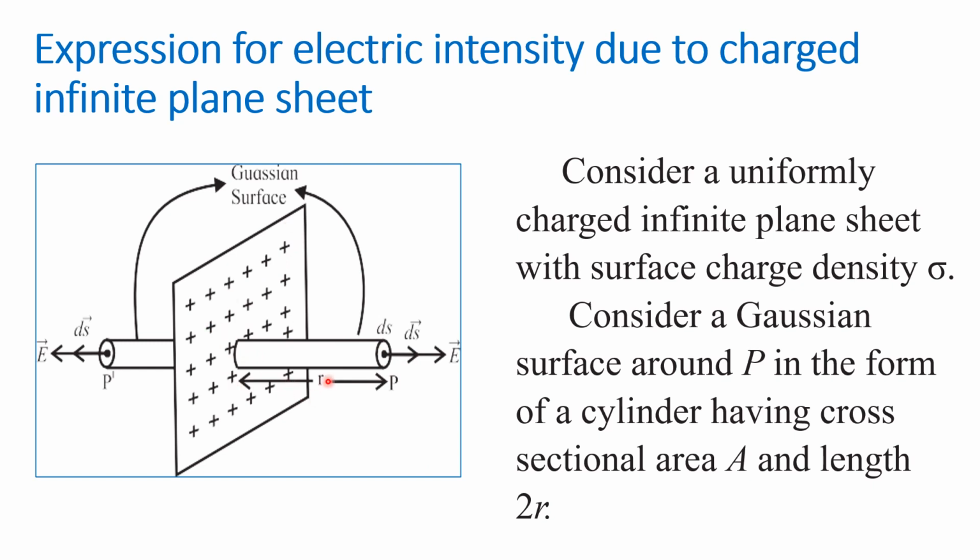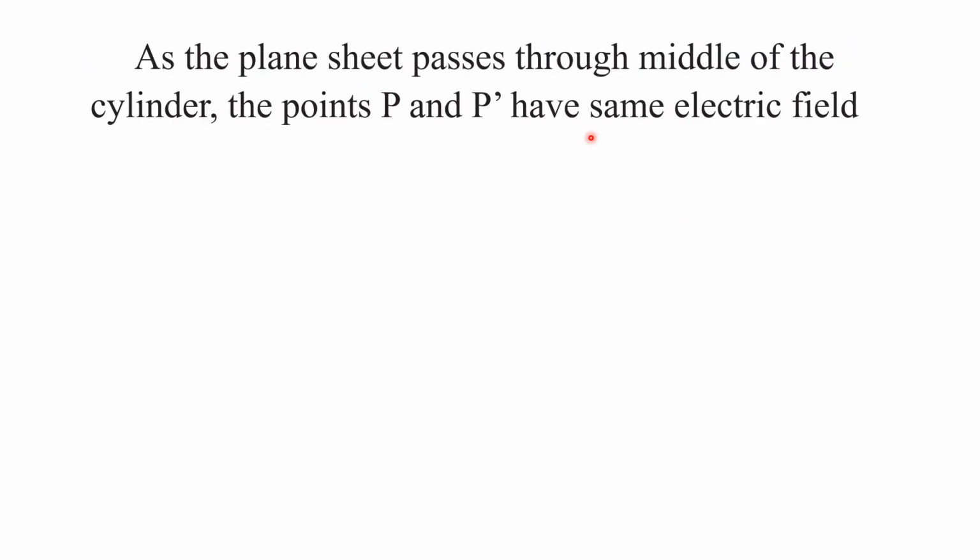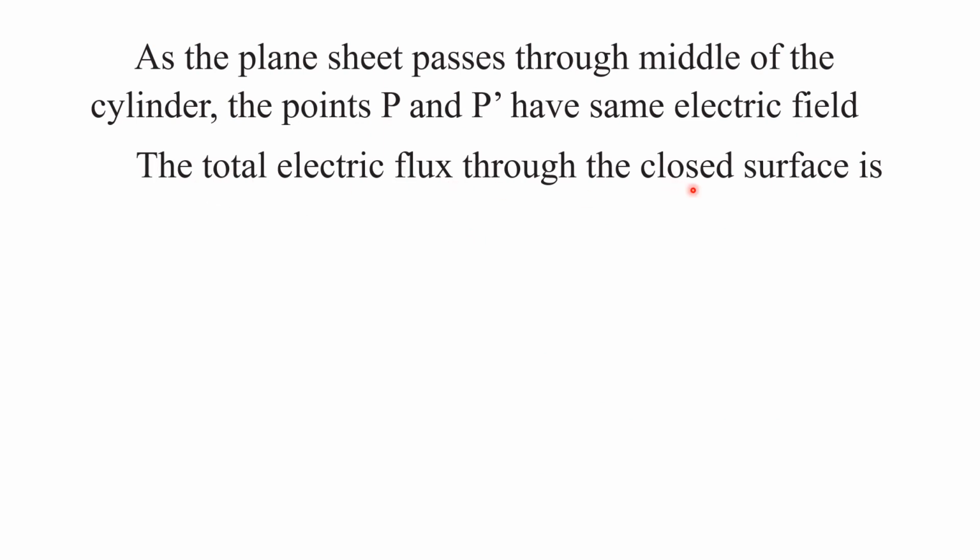As this cylinder passes through the middle of the plane sheet, we can easily find the electric intensity at point P as well as point P dash. The electric intensity at P and P dash is the same, since the plane sheet passes through the middle of the cylinder. The total electric flux through the closed surface is phi is equal to E dot ds at P plus E dot ds at P dash.